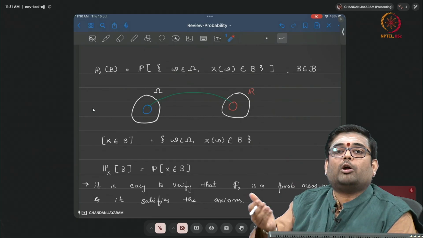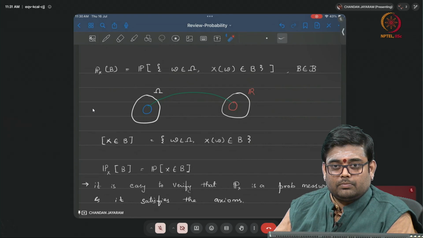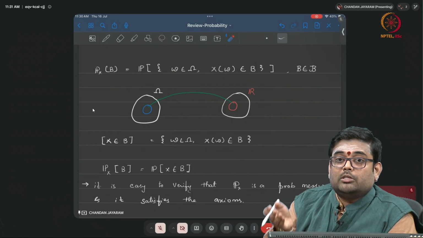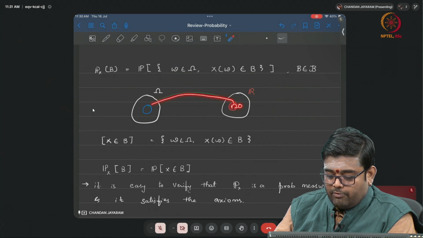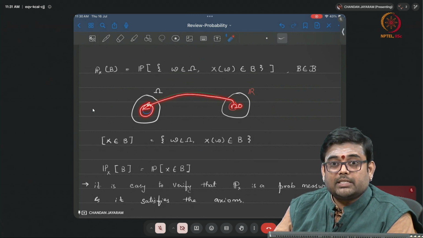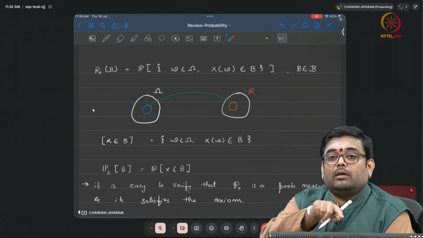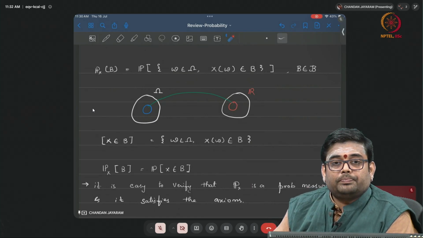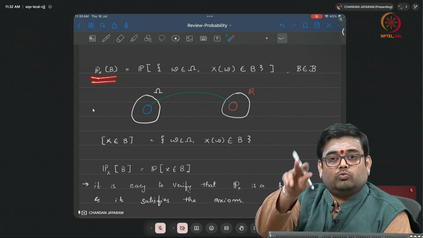What is the probability that your bill will be 120 rupees? You go back and see what are the dishes that have been mapped to this 120, and you take the probability of those dishes. That is how we compute the probability in the new space.